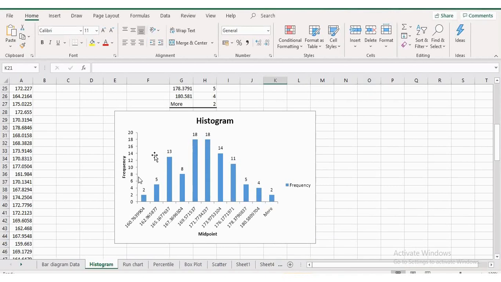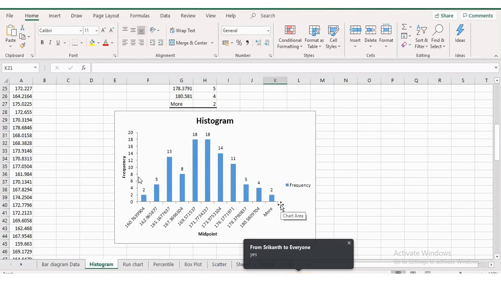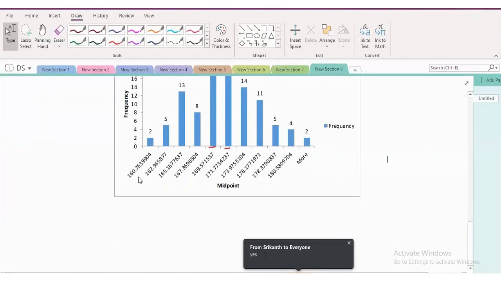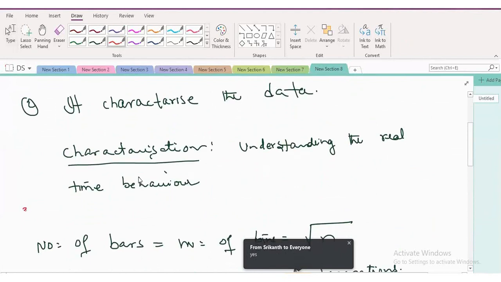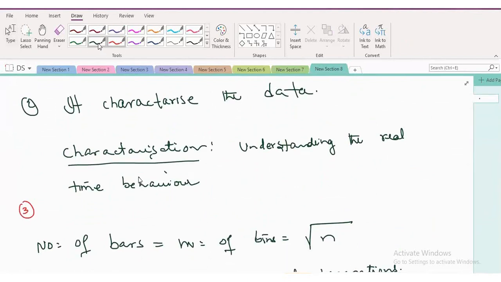So by looking at the histogram, can I find out which height most of the people are having? By looking at this histogram, I can find out what the split of the data is. The split of the data is nothing but what is the minimum and what is the maximum. Can I find out? So, third one, I'm writing here.